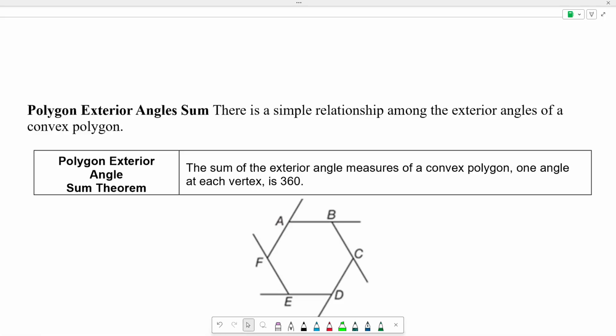The sum of the exterior angle measures of a convex polygon, one angle at each vertex, is equal to 360. So this angle here plus this angle here plus this angle here, here, here, and here. If I add each of those together, they add up to 360 degrees.